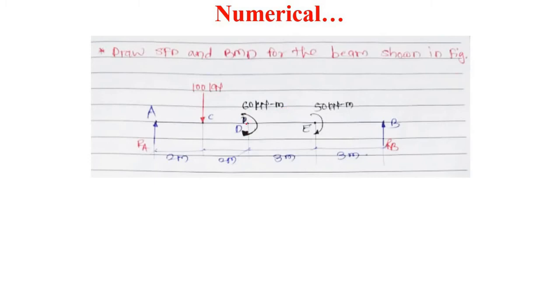Similarly at point E, a 50 kilonewton meter clockwise couple is given, which is 3 meter distance from D.